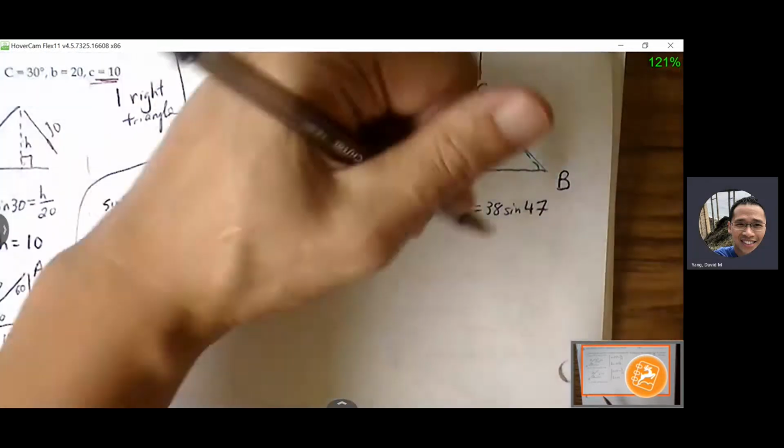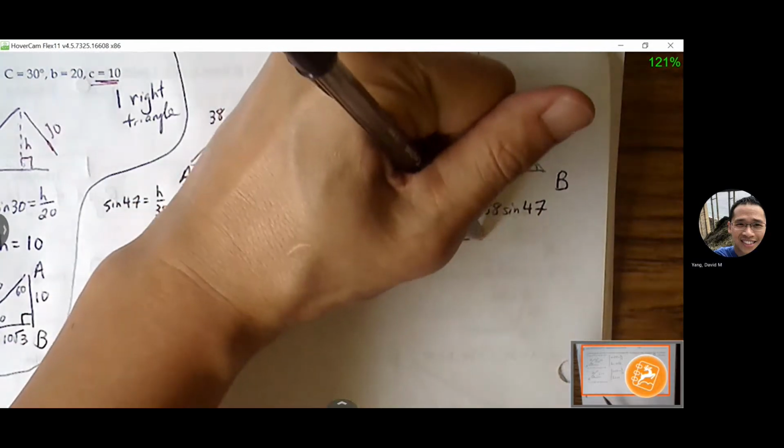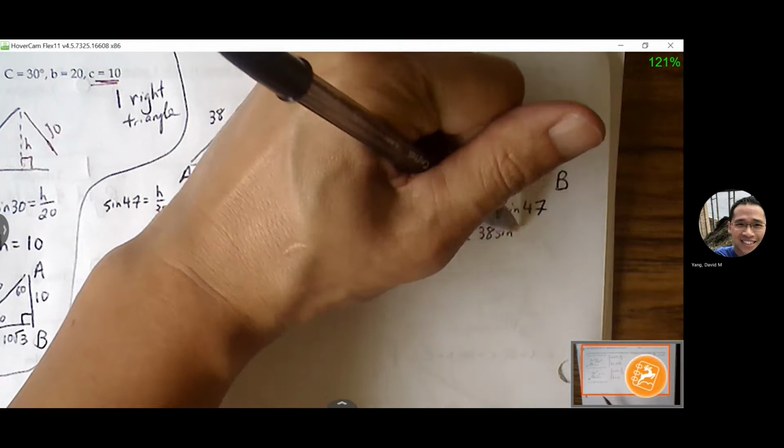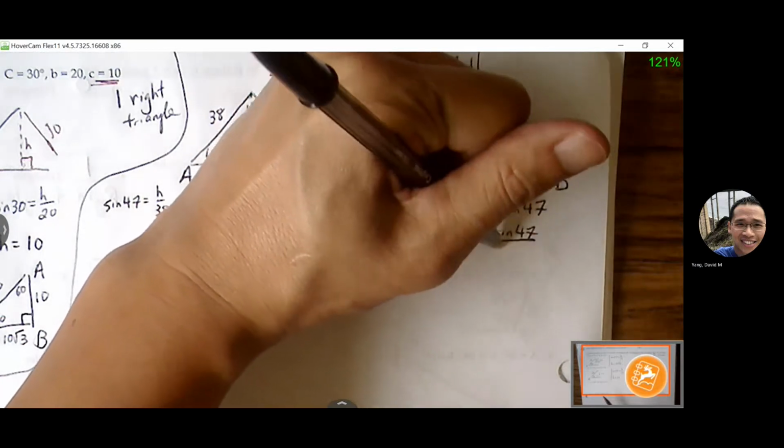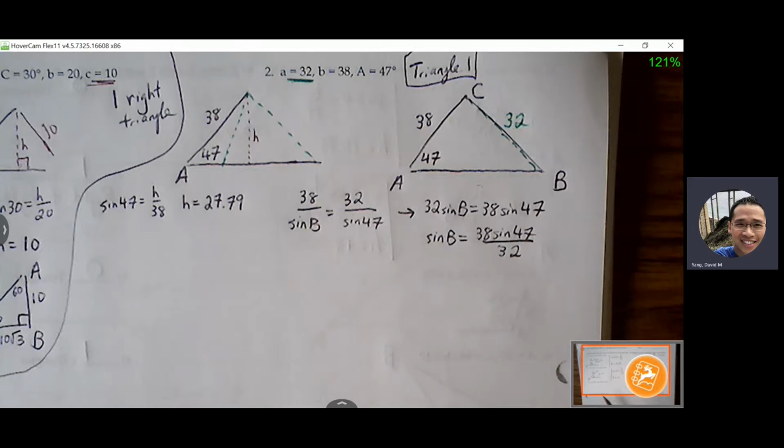Divide both sides by 32. Okay, plug in a calculator. We're going to have to rely on inverse trig here.